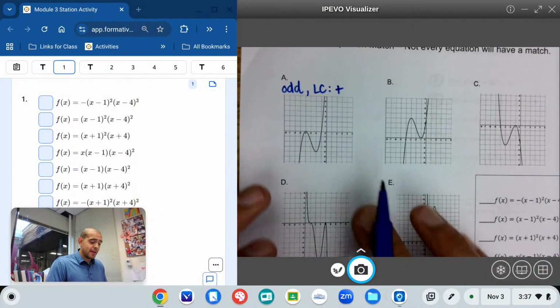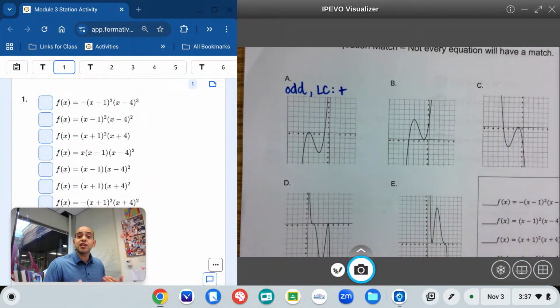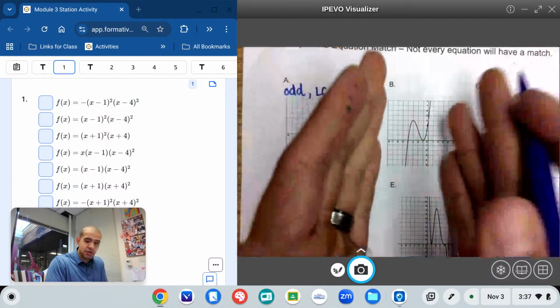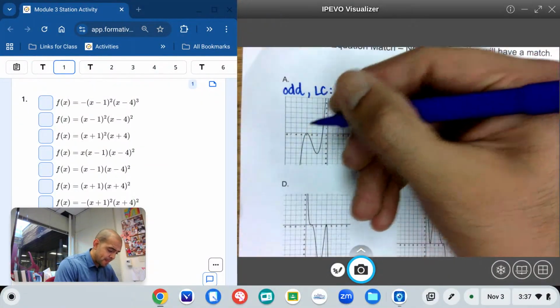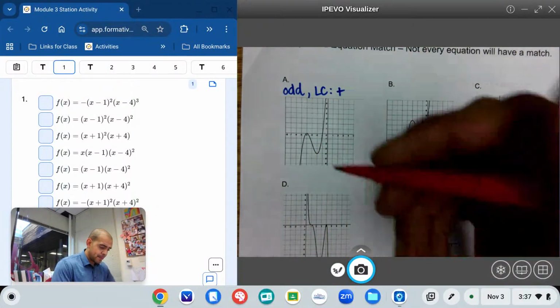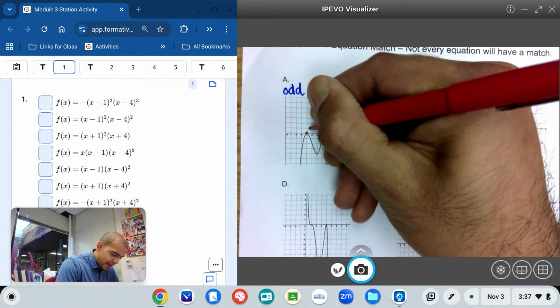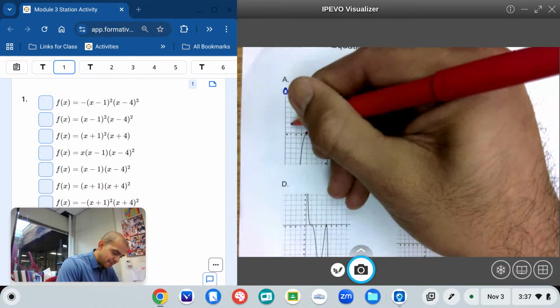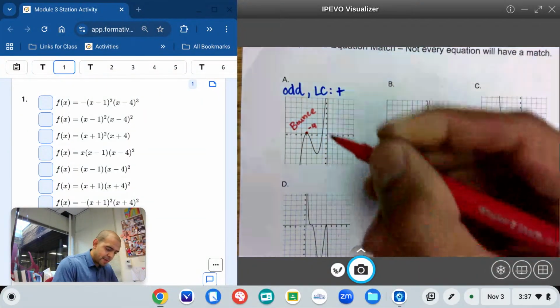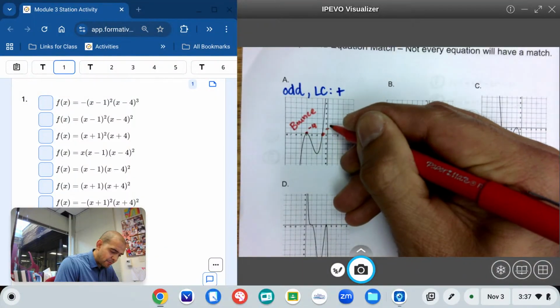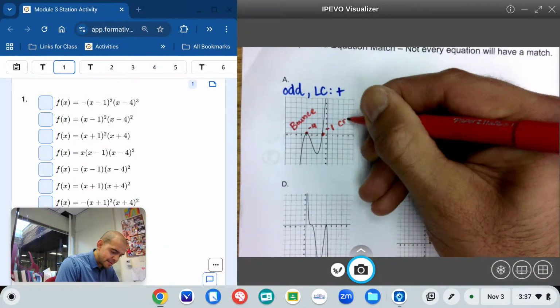Letter B. Sorry, let me backtrack. Try to identify as much as you can from your graph. You want to do that for each single graph. Okay? So at -4, I have a root, and it bounces. Then I have a root at -1 and it crosses.